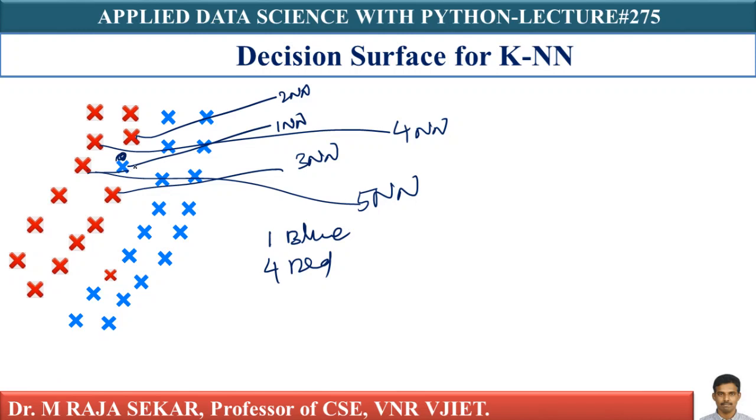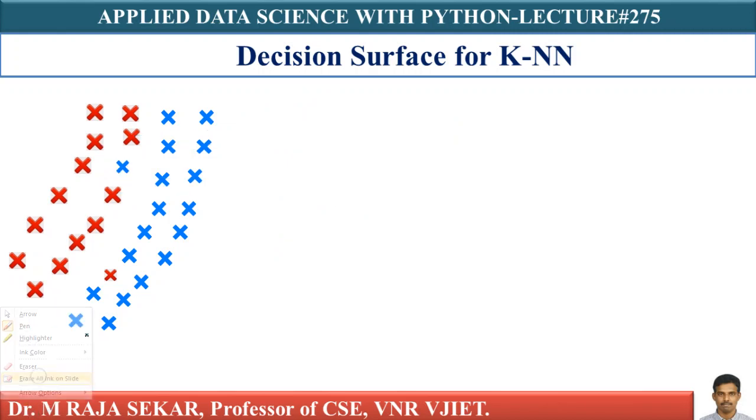In similar manner, take any point here, identify 5 neighbors as k equal 5, and according to majority voting, this will be red. What does it mean? If I take 5 neighbors, this entire surrounding region becomes red. In similar manner, if I take neighbors, this entire surrounding region becomes blue.